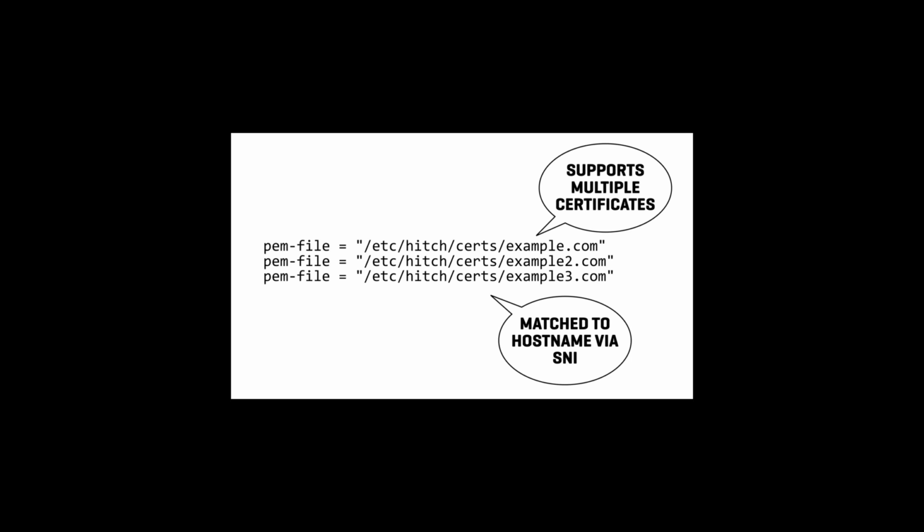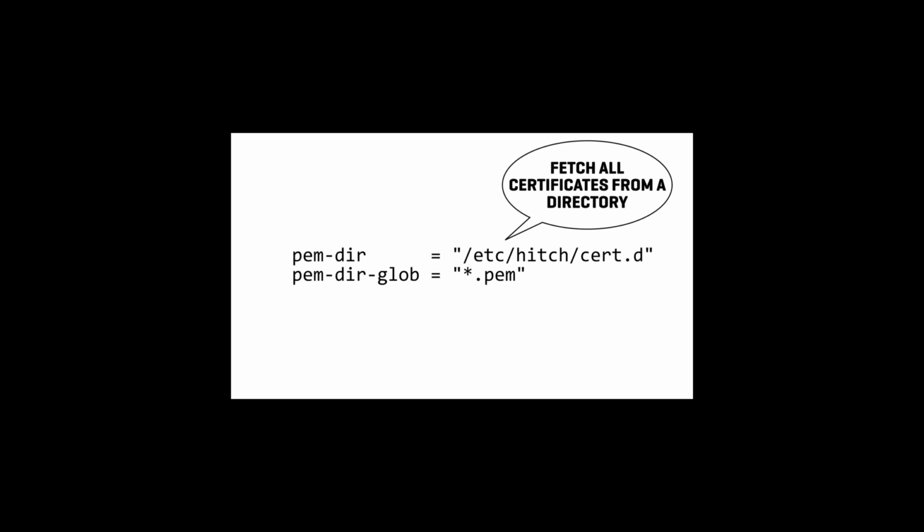You can do it per file. You can also specify a directory where your certificates will be stored, and then all certificates will be loaded unless you use this pem-dir-glob. pem-dir-glob means that you can match certain patterns, certain files. So in this case, we're not loading every file in the cert.d folder, but only the files that end with pem. So you have pretty good control over which files are loaded if you have multiple certificates.